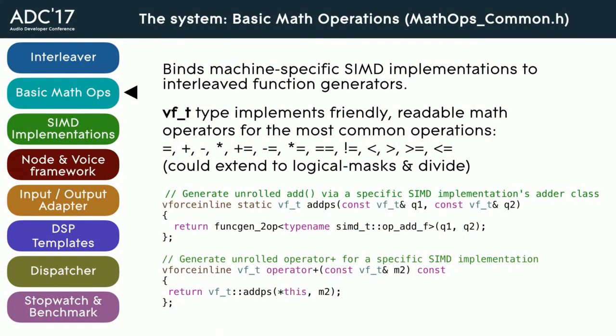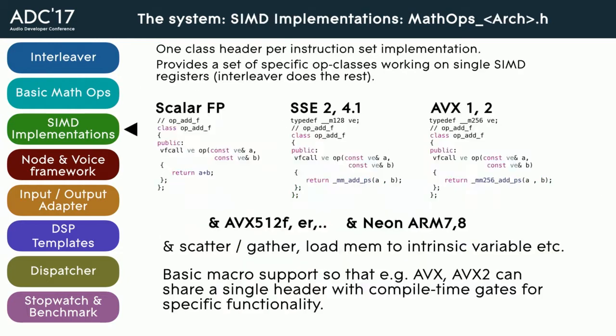We then have some wrappers around that to give us the standard maths operations: assign, add, subtract, multiply, etc., and some compare instructions as well. And this gets passed up to a machine-specific SIMD implementation.